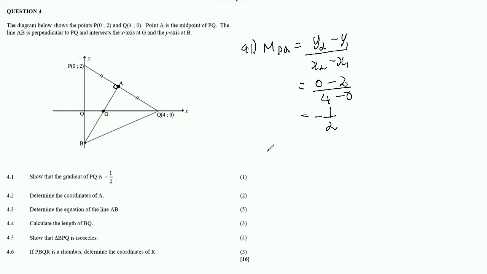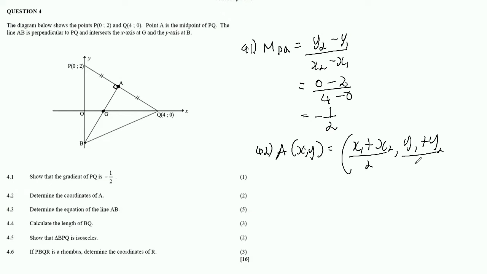Now 4.2 says determine the coordinates of A, which we've been told is the midpoint of PQ, right? So that means we use the midpoint formula. Let's replace the M with the A since A is the midpoint. This is x1 plus x2 over 2, y1 plus y2 over 2.